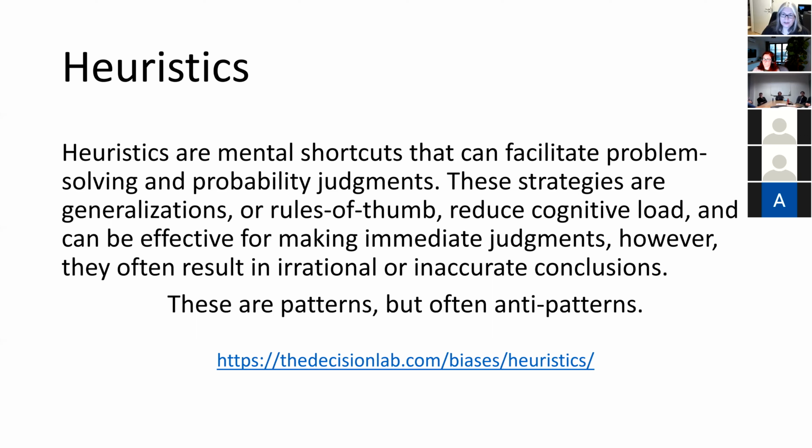They're really good for immediate judgments, like should I grab this glass of water or not? But when we have to apply them to things like product design or things that are more complex, they go from being a nice little shortcut or a pattern or an autopilot thing to an anti-pattern. And that's when biases come out, when we aren't stopping to slow down and think about it.